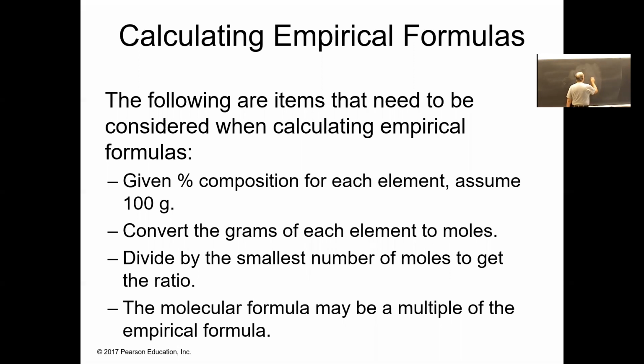For example, I don't know if this is a real compound or not, but let's say we had 40% carbon, 45% oxygen, and 15% hydrogen. We assume that there's 100 grams of the compound.